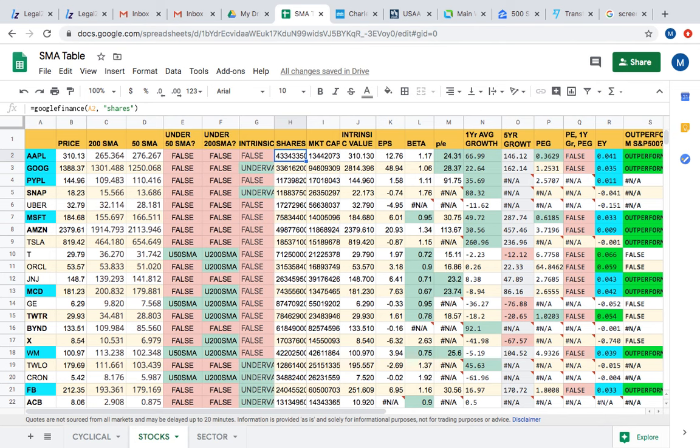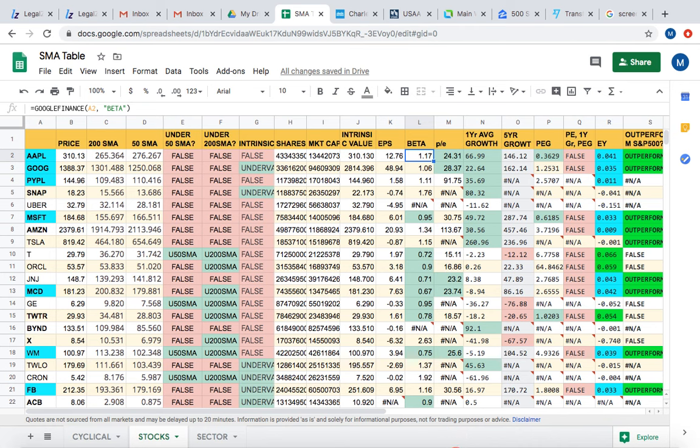So we've got our number of shares, the number of outstanding shares for the company. We've got the market capitalization, which is what the company is evaluated to have access to as far as market share. Again, the intrinsic value. We have earnings per share. That's a good metric for calculating your price to earnings ratio, but Google Finance also provides the PE ratio just by the function PE.